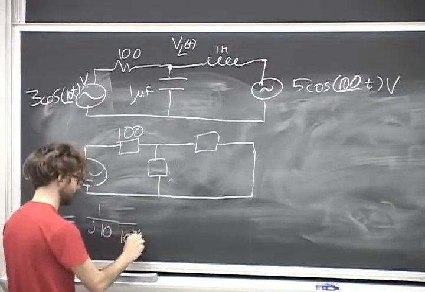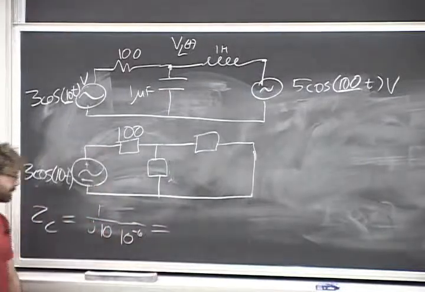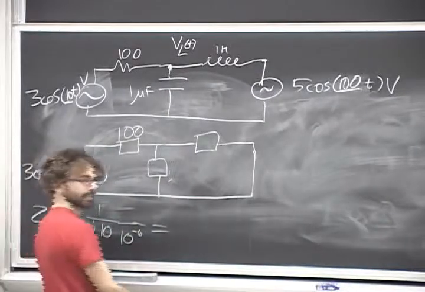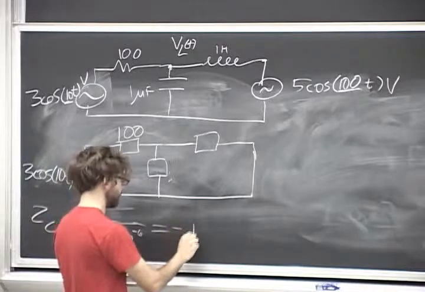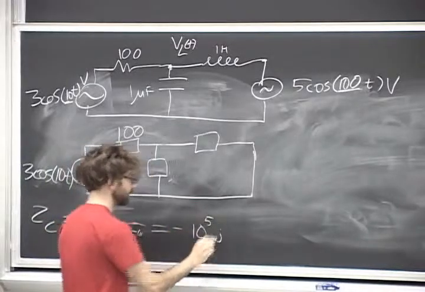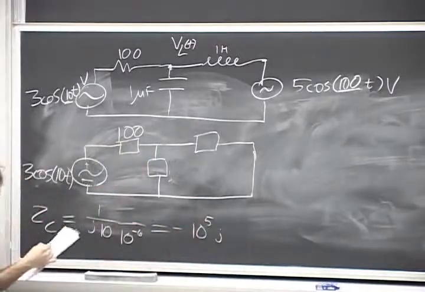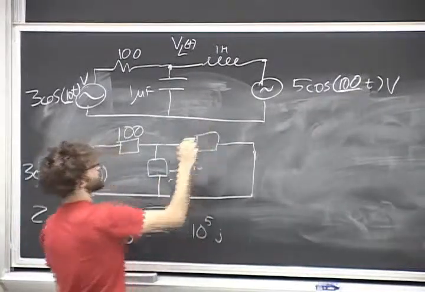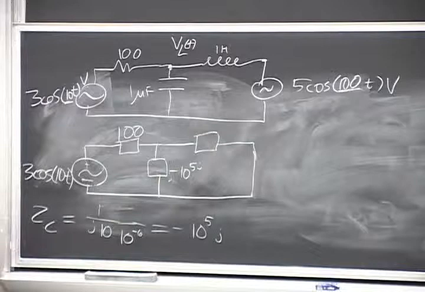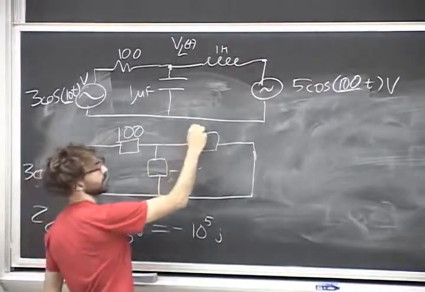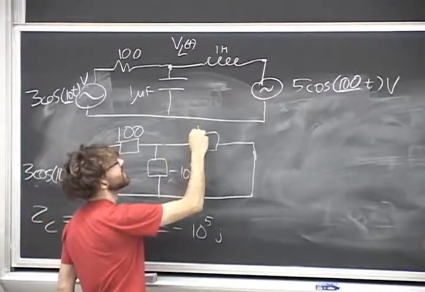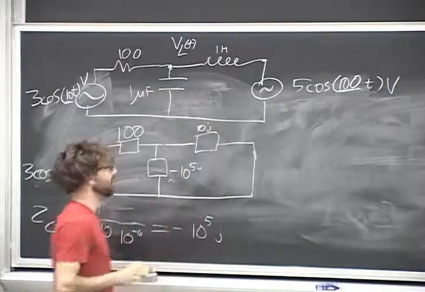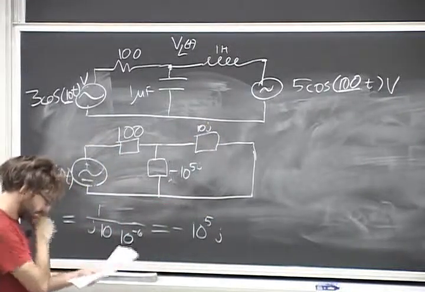So then the whole thing ends up being what? Minus 10 to the 5th j. 100,000. Okay. Cool. Okay, and then this guy is easier because it's not 1 over anything. So what's he going to be? 10j. Okay. All right.